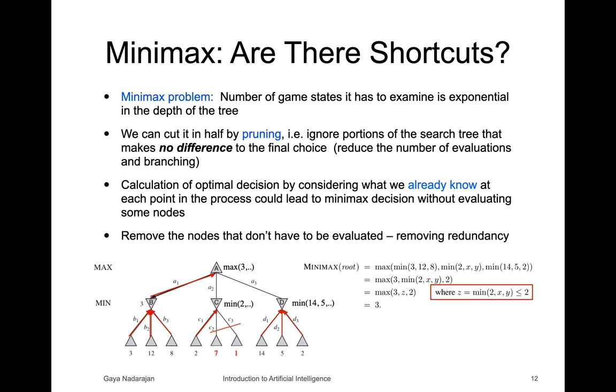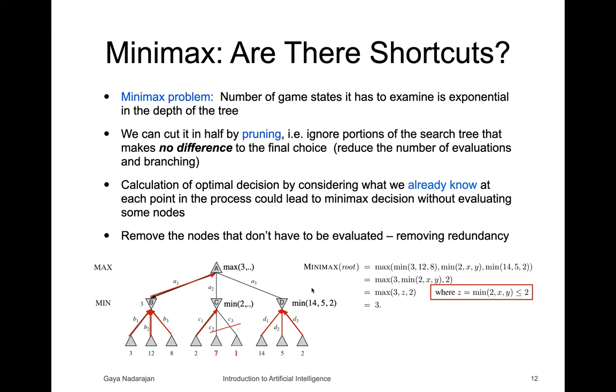And finally we go to 2, and then we realize, okay, the minimum of this node is 2. But we only got the 2 at the end. And now we realize that 2 doesn't have to be brought back up.